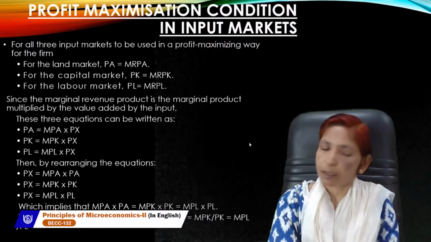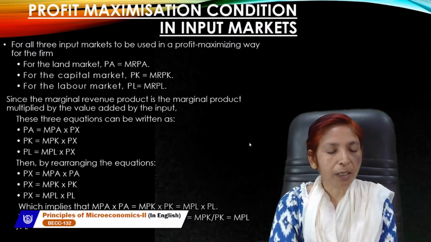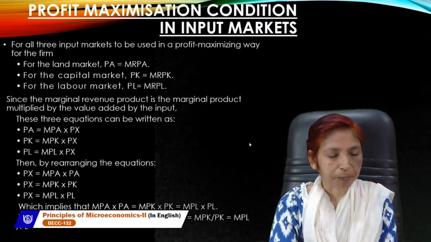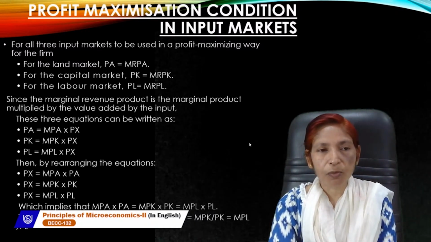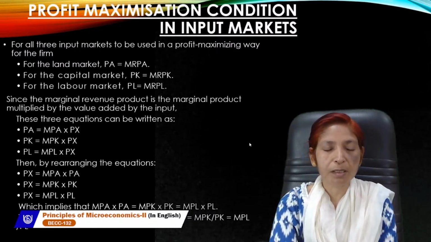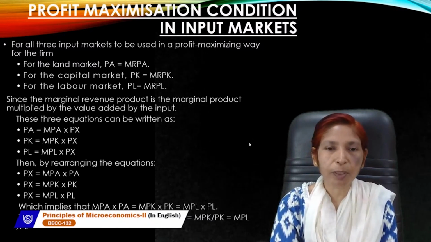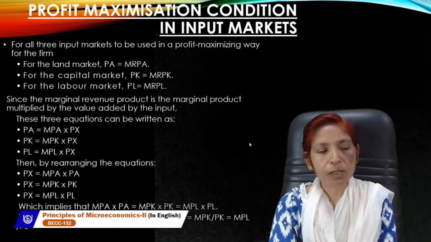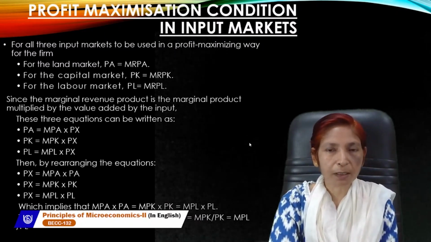Px is equal to MPA into PA, Px is equal to MPK into PK, and Px is equal to MPL into PL, which implies that MPA into PA is equal to MPK into PK is equal to MPL into PL, and we can rewrite this equation in the form of MPA upon PA is equal to MPK upon PK is equal to MPL upon PL. So this is the profit maximizing condition.